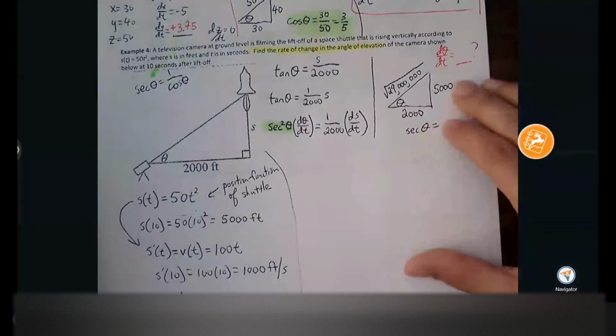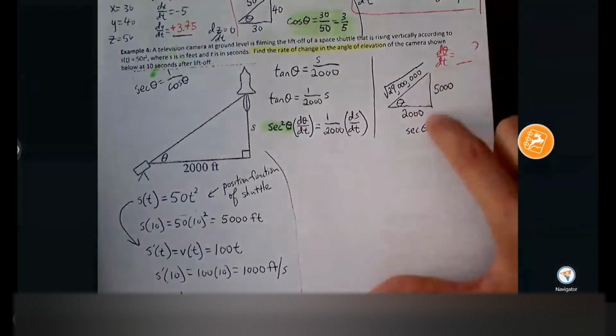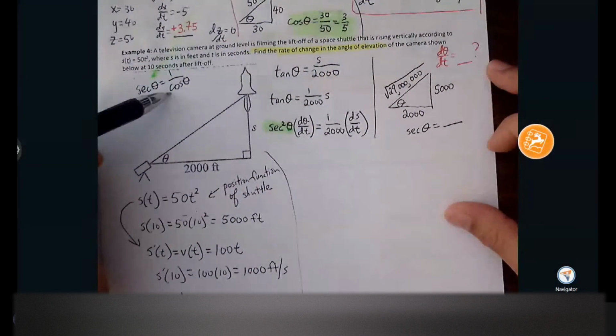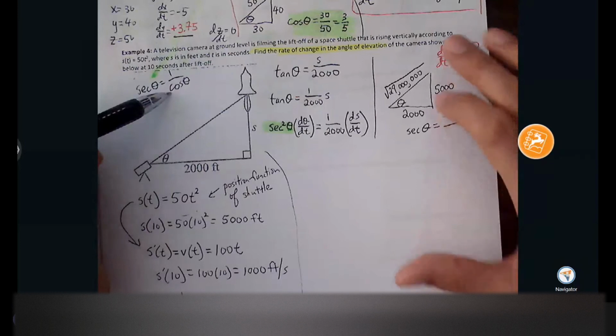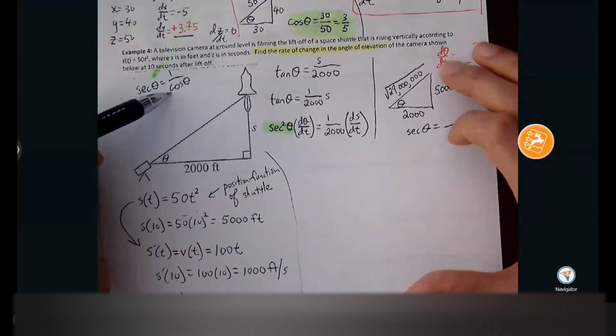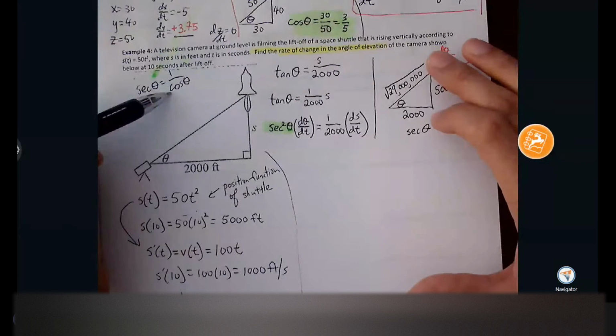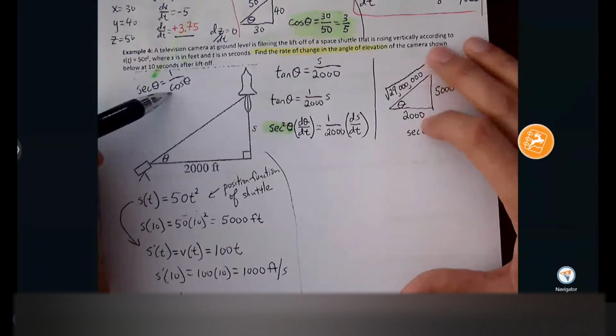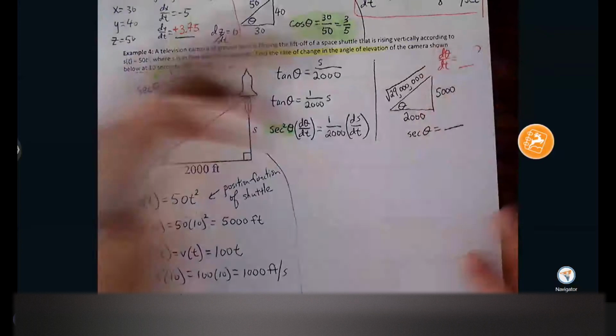So what is going to be the ratio then for secant? One over. Oh. Yeah. So instead of adjacent over hypotenuse, it's now going to be what? Hypotenuse over adjacent, right? We're just flipping the order of the cosine.